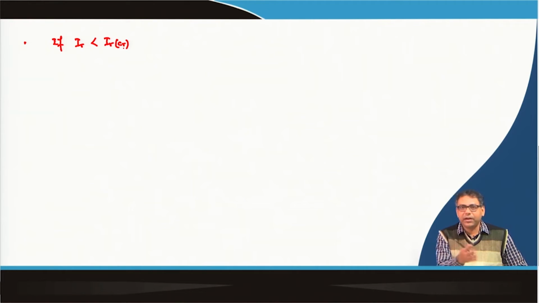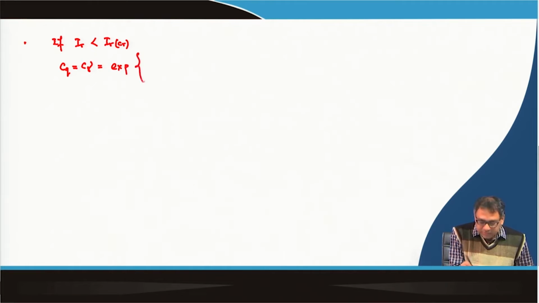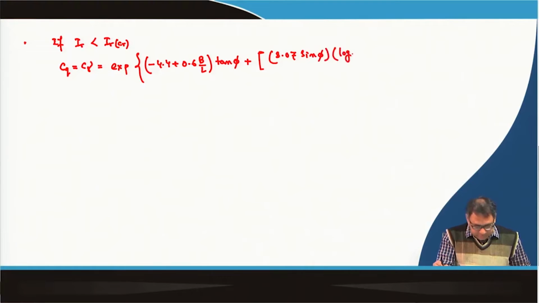So we have to apply the correction factors. The correction factor Cq equals C gamma, which will be equal to exponential of minus 4.4 plus 0.6 B by L, tan phi, plus 3.07 sin phi log of 2 IR divided by 1 plus sin phi.